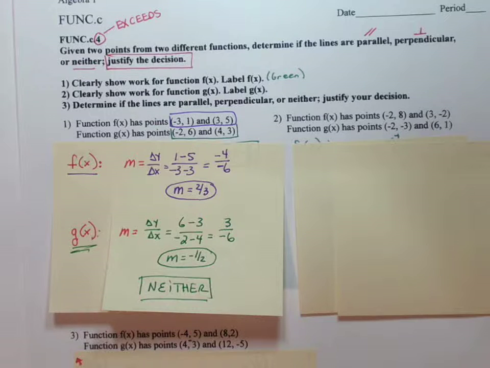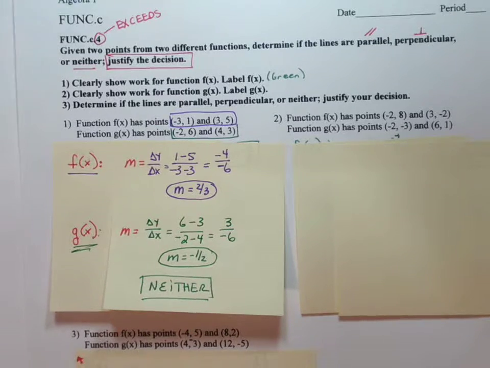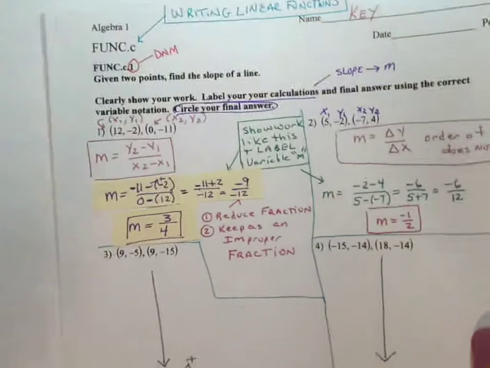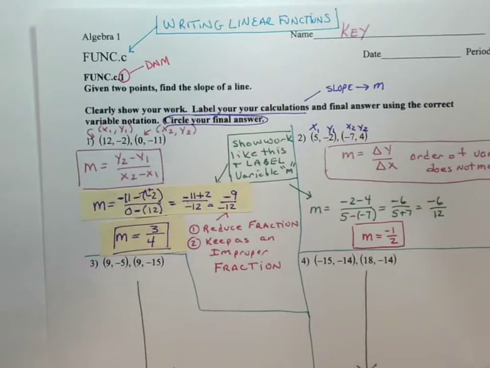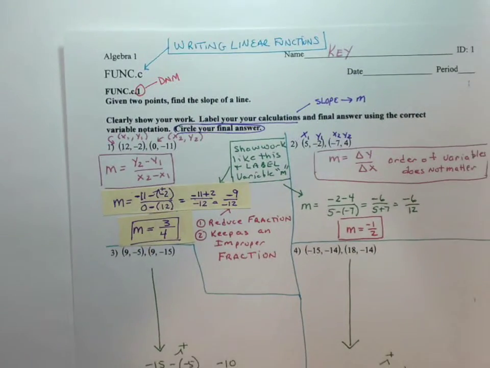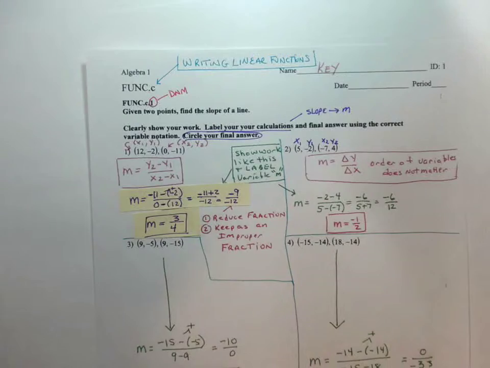So now I'm going to go back and I'm going to show you the answers to the other three parts. Okay, so the does not meets, we did the first two.